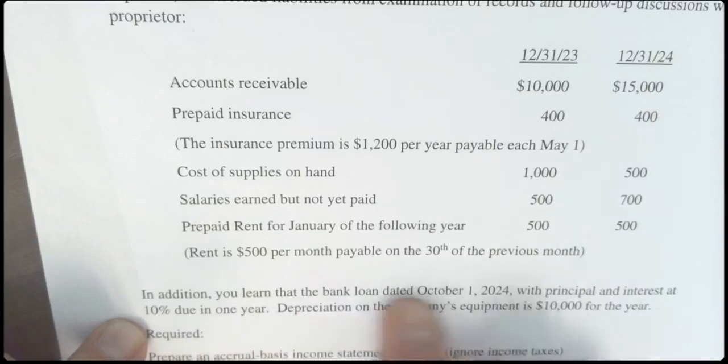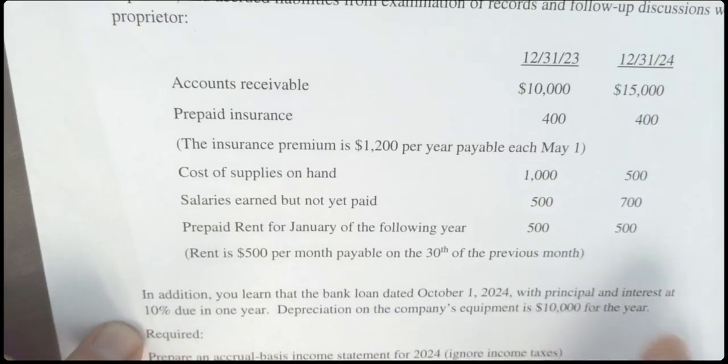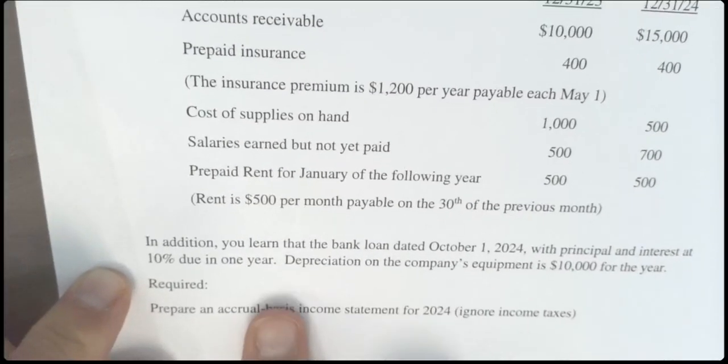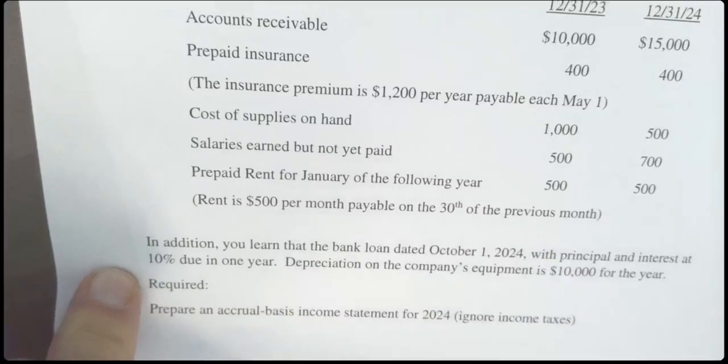Both the principal and the interest are due in 1 year. So on October 1, 2025, we must give the bank $55,000. Depreciation on the company's equipment is $10,000 for the year. So required here is to prepare an accrual-based income statement for 2024, ignoring income taxes.